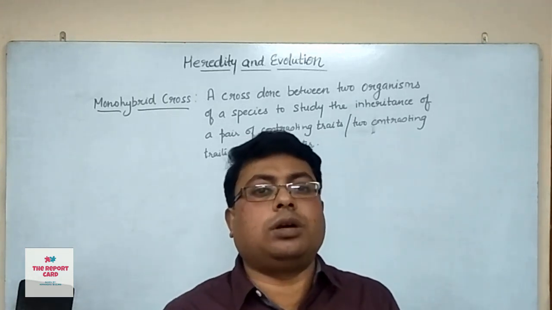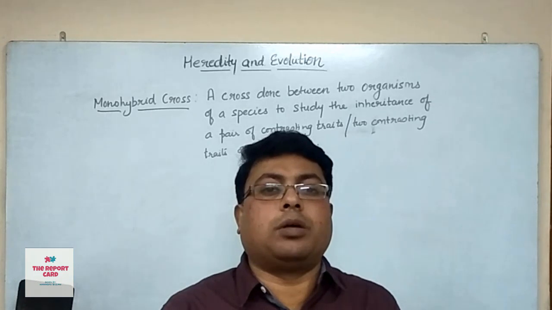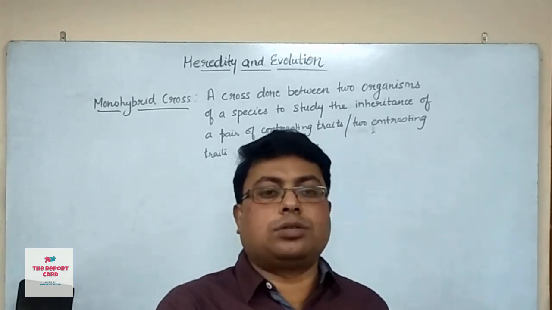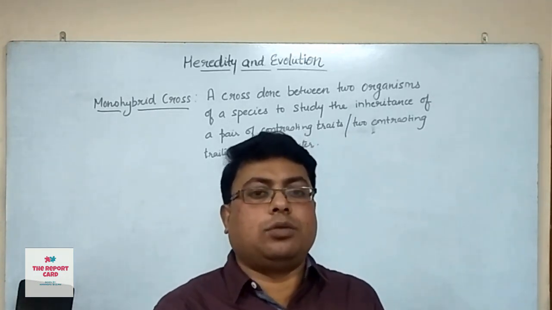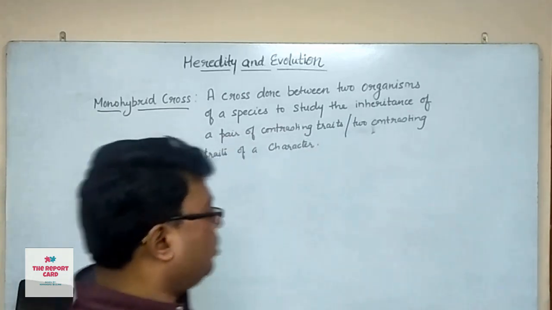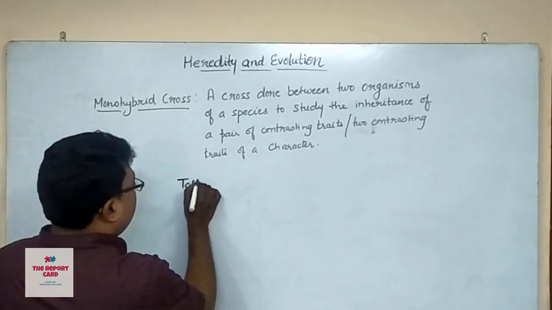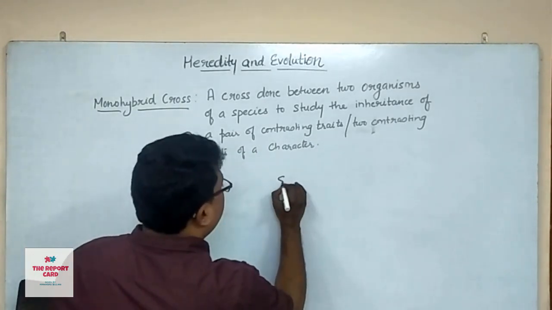He did not want any plant having factors which would promote shortness as well. So he took all the tall plants, and you call it pure tall. He took pure tall plants, and he also took pure short plants.